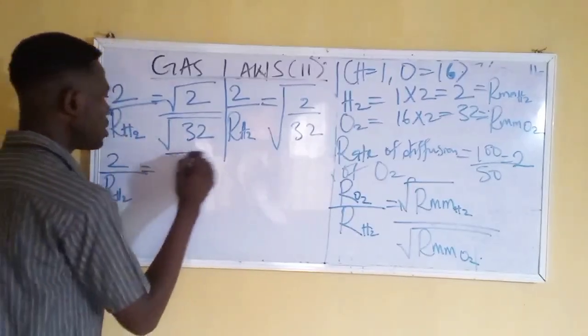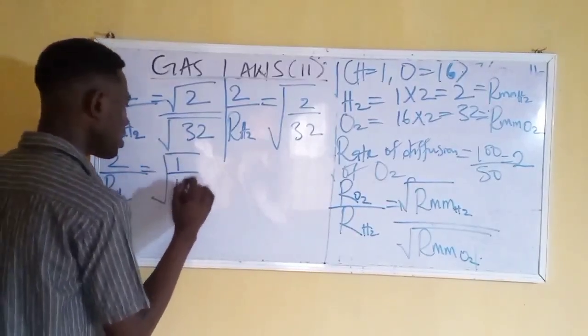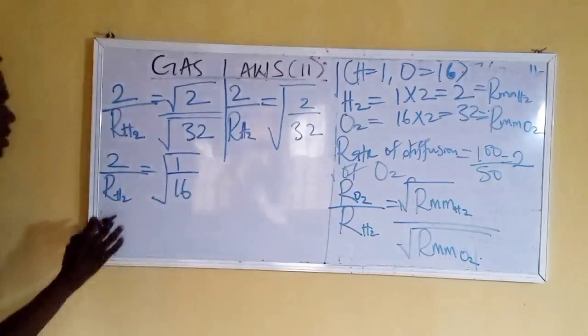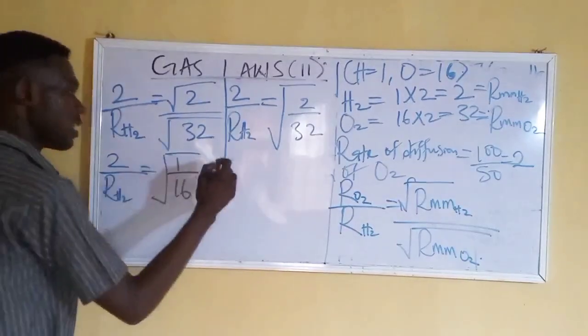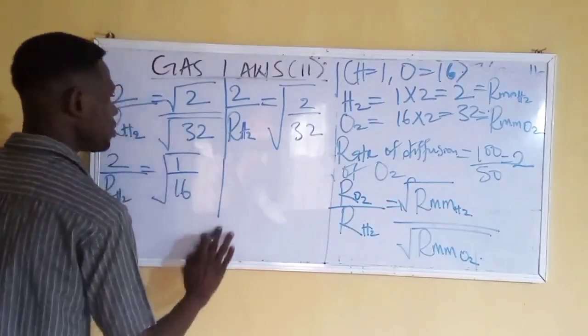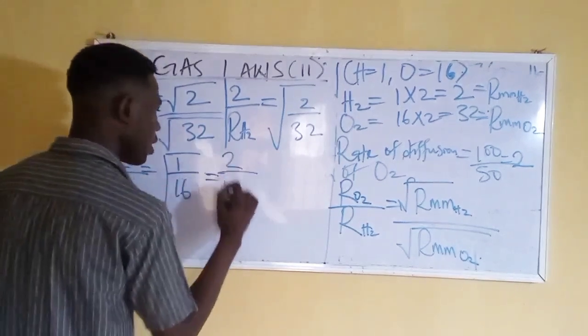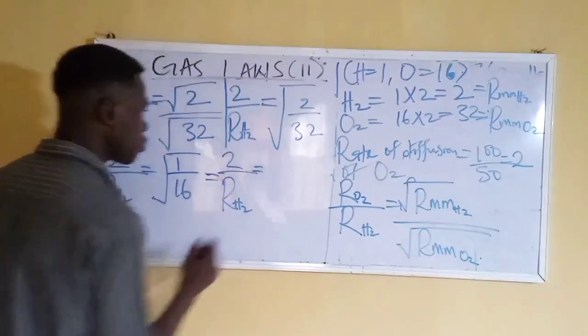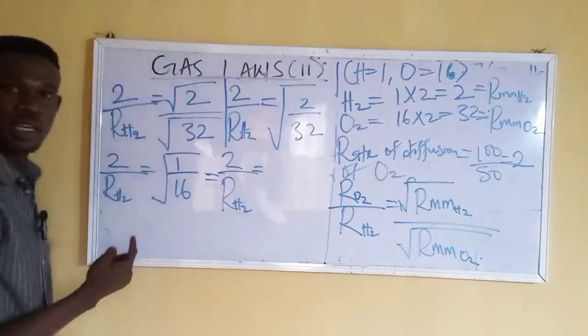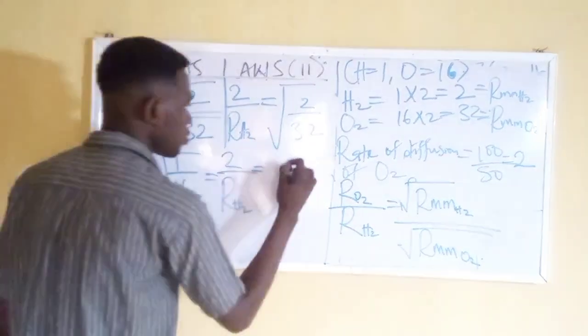So this can also be written as 1 over 16. And if this is given as 1 over 16, again, this can still be written as 2 over RH2 equals to, now root 1 is still going to be 1. So you have this as 1.